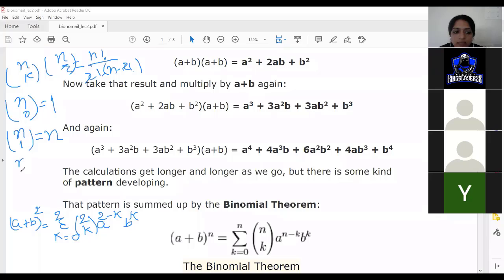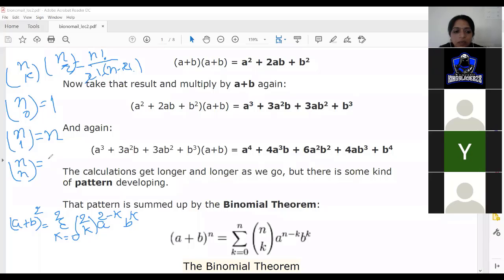And what about nCn? Ma'am, it's 1. Okay. So please remember these three values. nC0 is 1, nC1 is n, nCn is 1. And the next is nC(n minus 1).